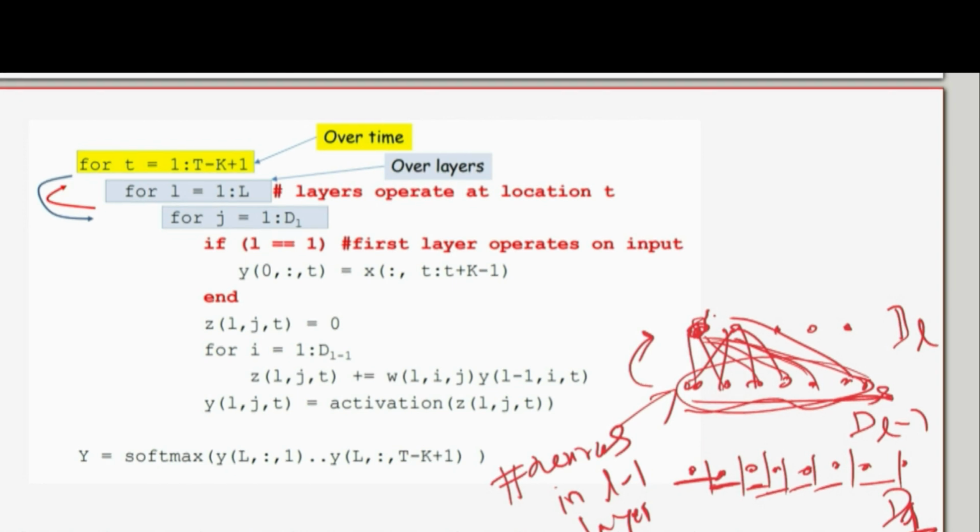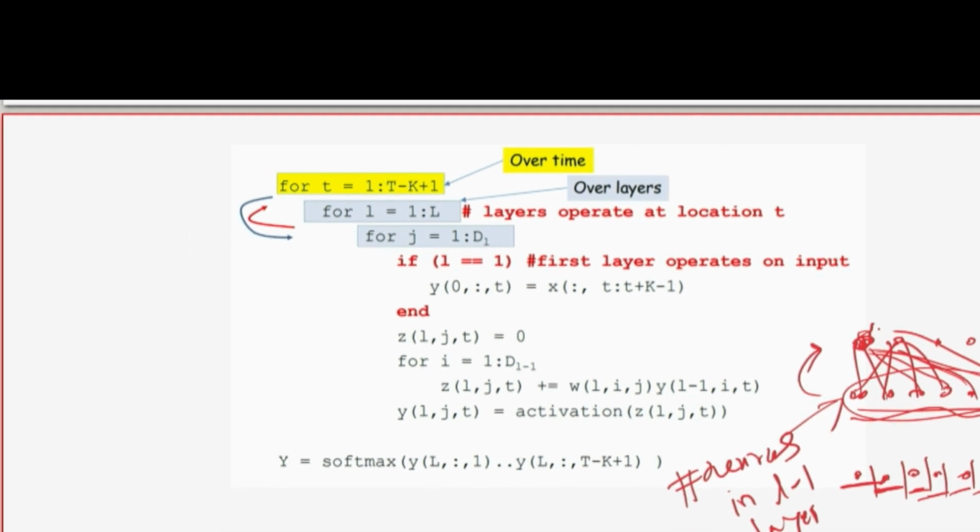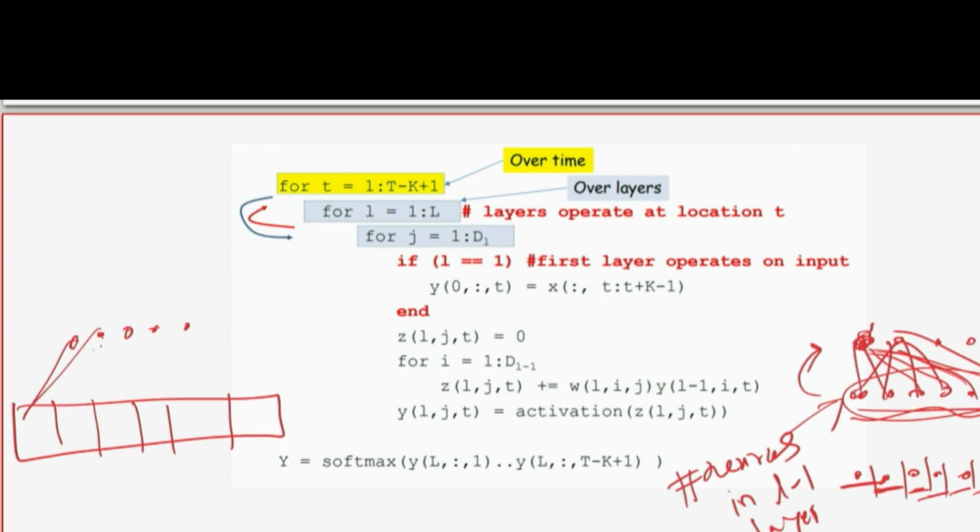Another way to say it is that this MLP scans these windows. This is our, let us say, 1D data. Only in the first layer, all the neurons here are scanning all these inputs initially, because they are all working on the same window right now.